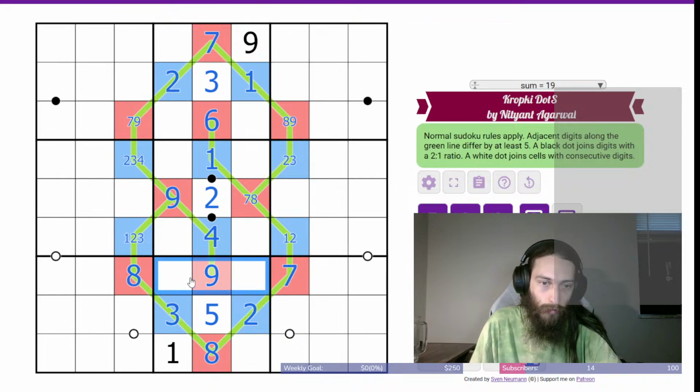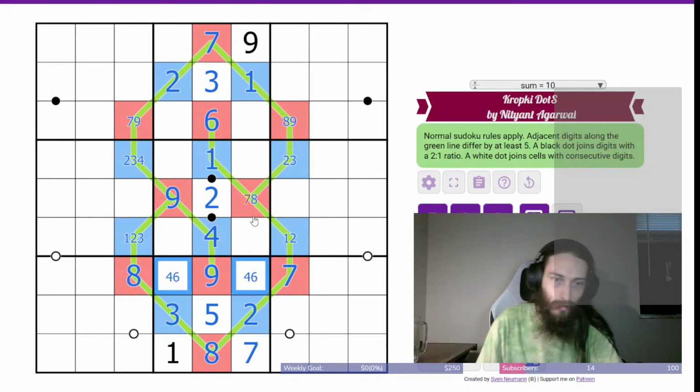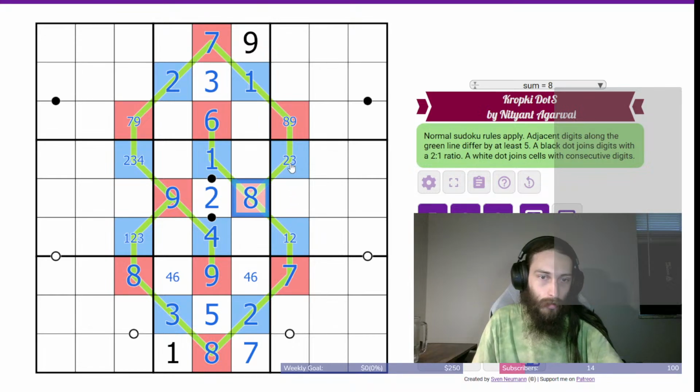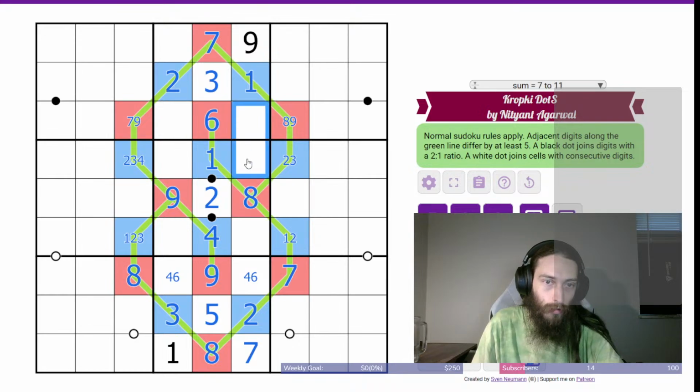7 can't be on the top, so it's on the bottom. And I still need 4 and 6. 4 and 6. This is now not a 7. Not a 7, therefore it's an 8.